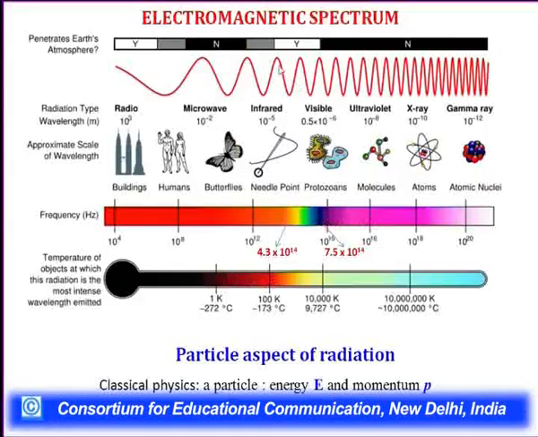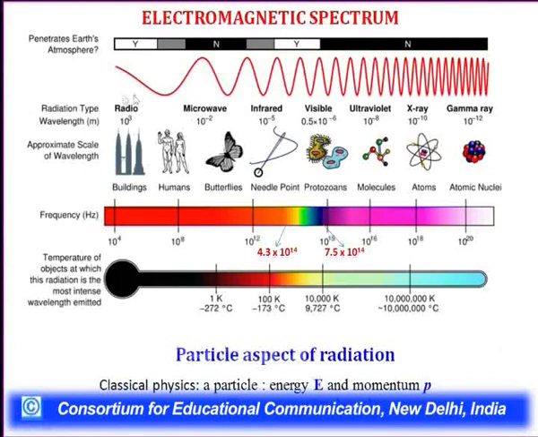First we discuss the electromagnetic spectrum, where we have different frequencies and different wavelengths of radiation. Here we define the radiation type, its wavelength, and its frequency.